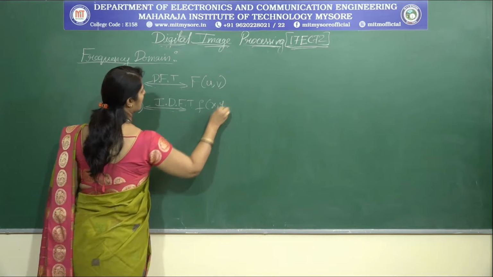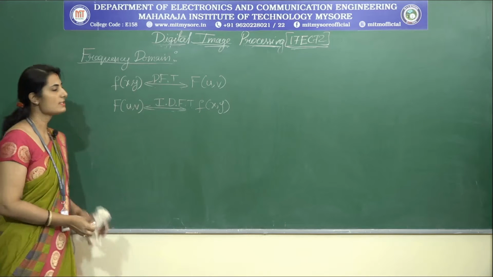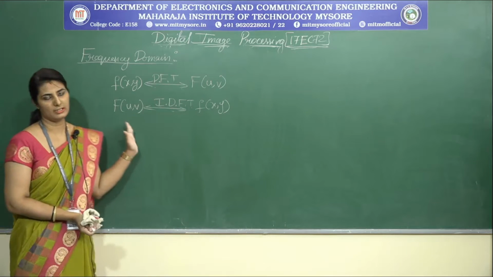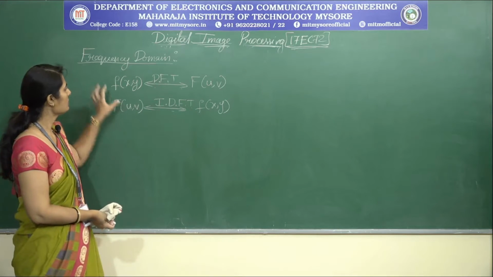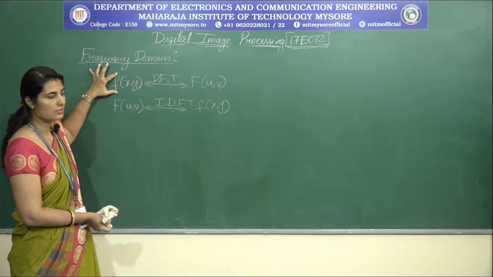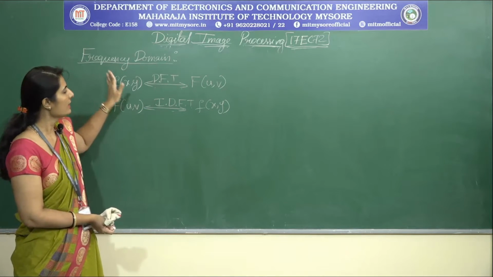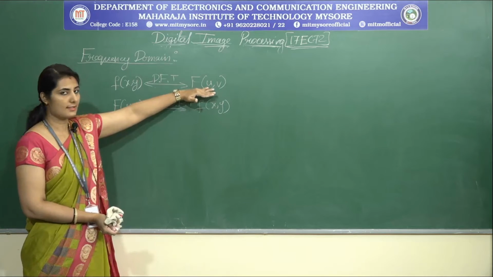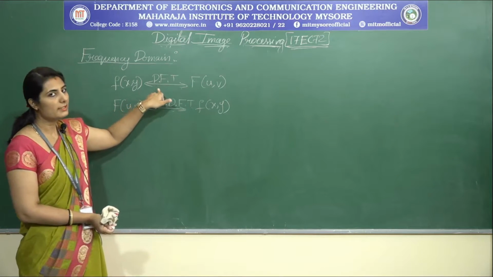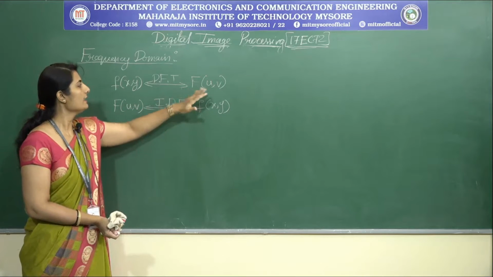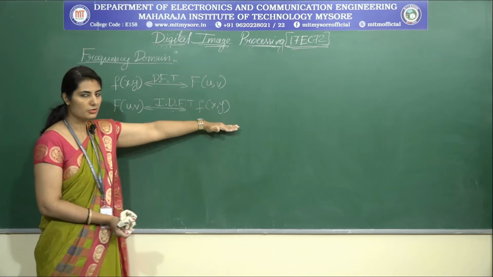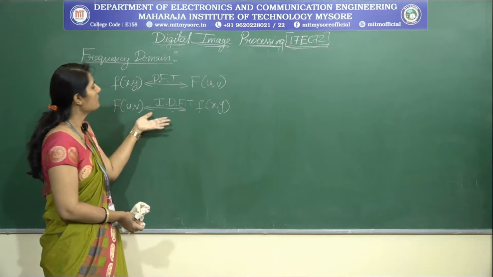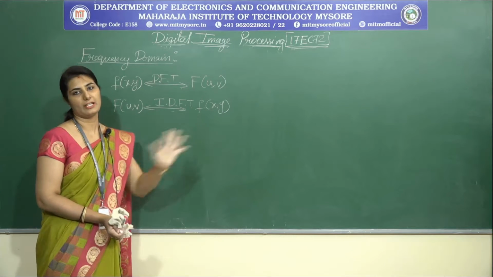So this is how we perform operations in the frequency domain. The digital image f of x comma y is converted into F of u comma v, the transform domain, by the discrete Fourier transform, and it can be brought back to the original form by the inverse discrete Fourier transform.